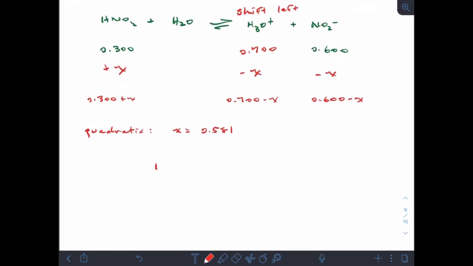So my H3O plus is 0.7 minus 0.581, which means that I still have plenty of acid left over. There wasn't enough base to neutralize all the acid.